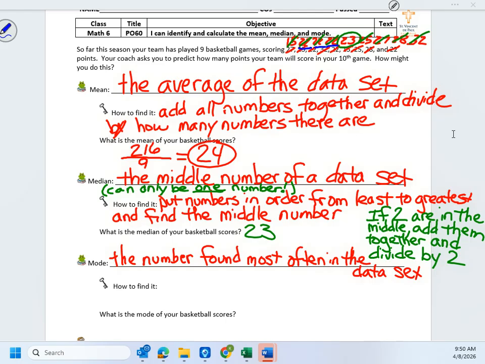So how we find it is find how many times a number is listed in a data set.